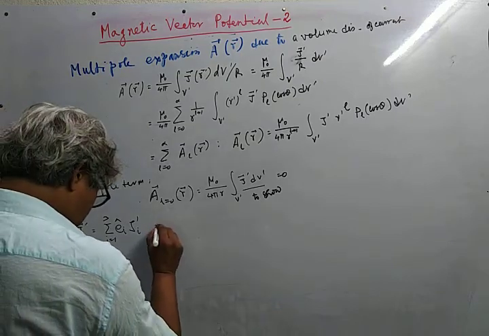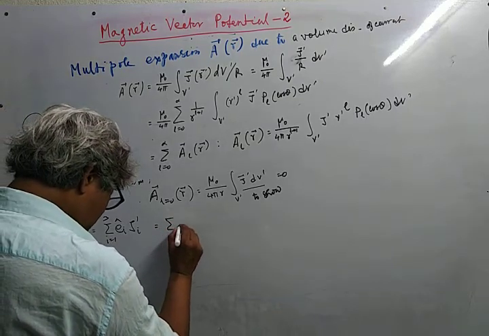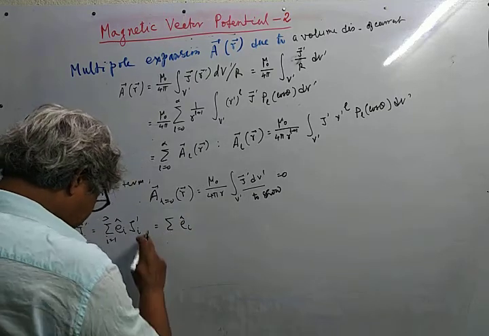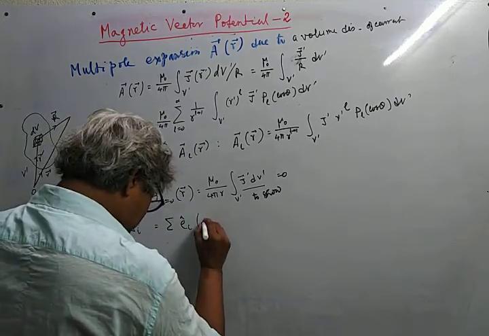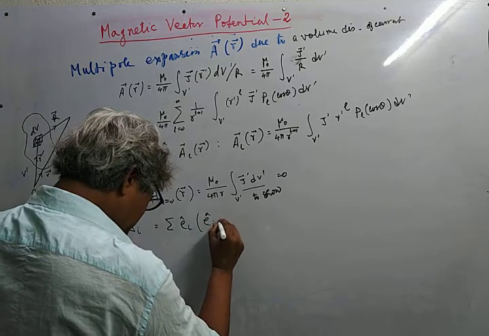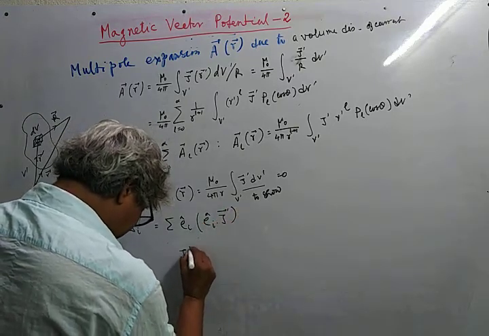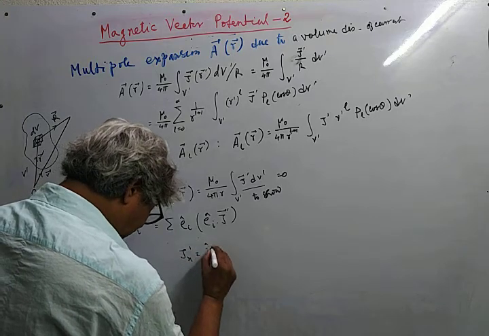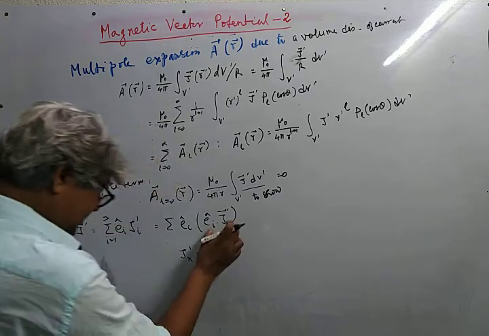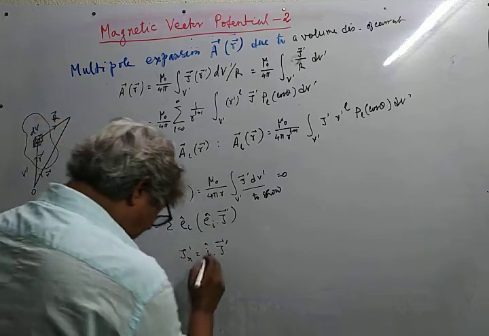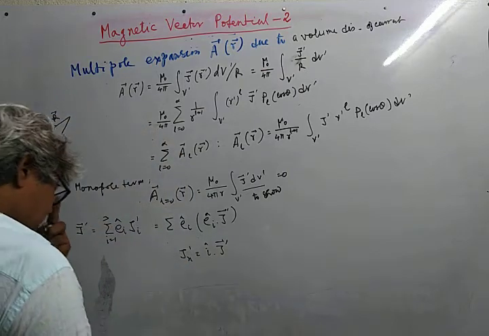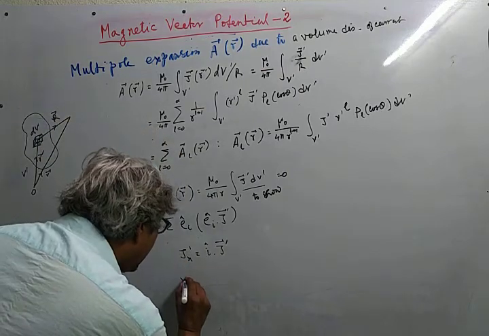Now Jx prime is equal to i cap dot J prime. This we have written, and i cap can be written as this.